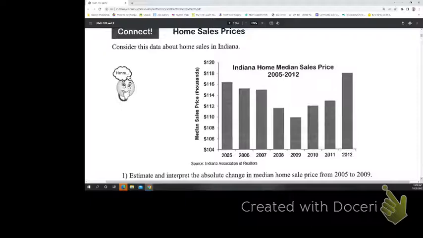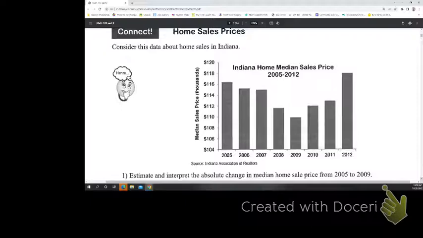So if it asks me the absolute change, absolute just means we're subtracting. So I use the numbers 116,500 for 2005. And then for 2009, I used 109,500. Does that seem accurate?